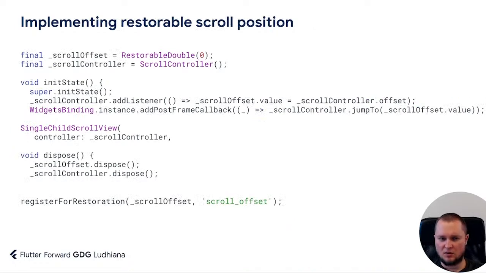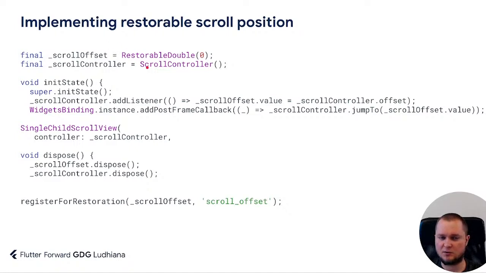Sometimes there is no ready-to-use Restorable class, and we have to implement it ourselves. Let's analyze this example of the scroll position. As you remember, in the Chrome app, the scroll position was restored.